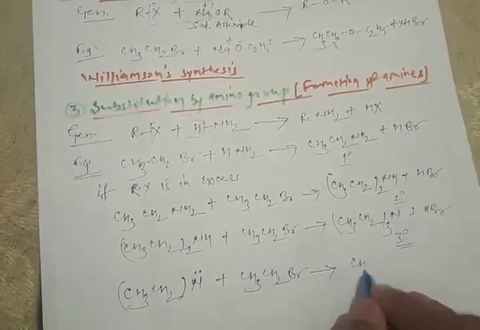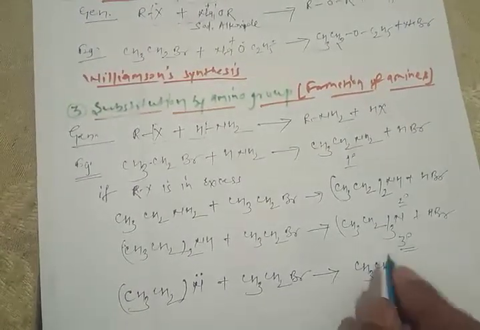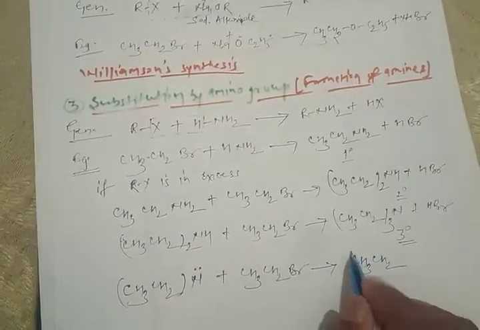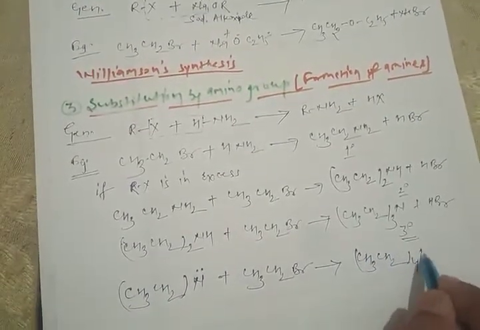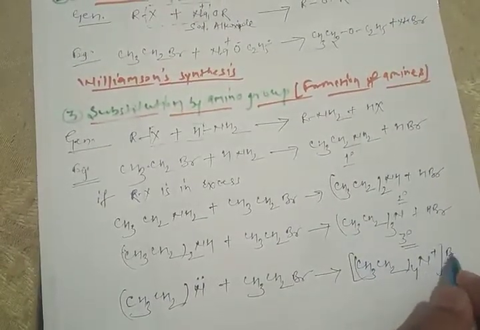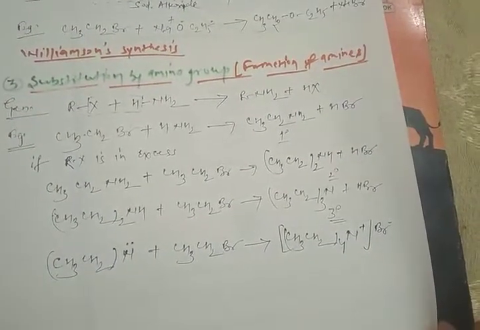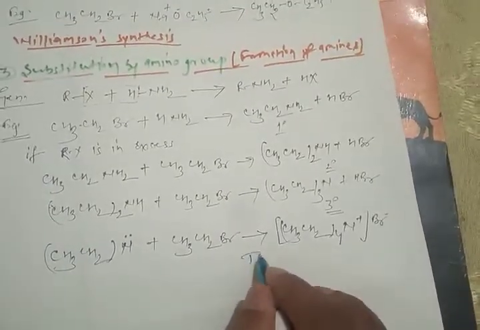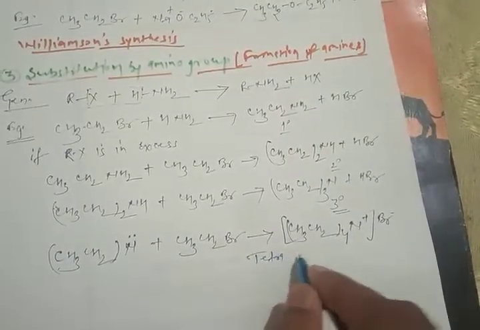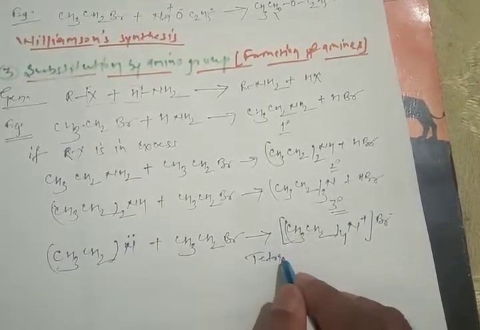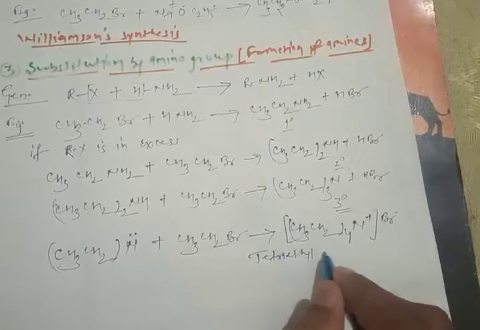We'll get a quaternary ammonium salt, with four ethyl groups on N plus and Br minus. So this is tetraethyl ammonium bromide.